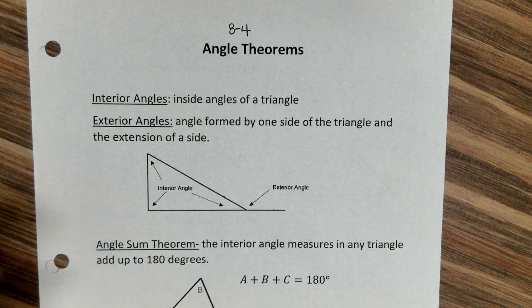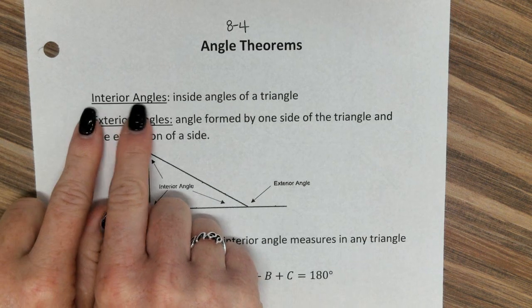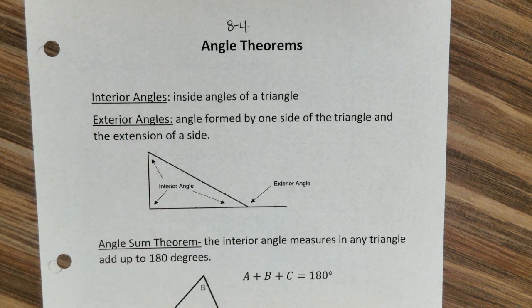So the first thing you need to know is some vocabulary words. What does it mean to be interior? Inside. So if I say the interior angles of a triangle, I'm talking about the inside angles. Everybody look at this picture. If I have this triangle right here, there are 3 interior angles. There are also exterior angles.